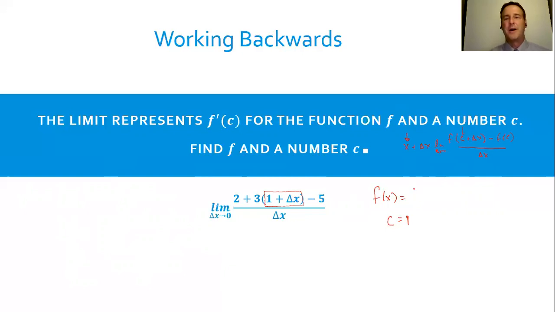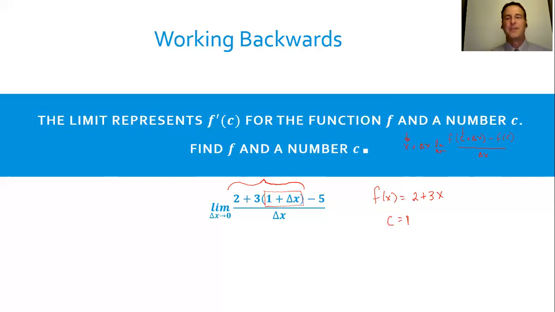Now you've got to think about, what is the equation? Well, if your equation is determined through this input of c plus delta x, and you see that out here, then that will help you decide what your function is, which is 2 plus 3x. And again, the original function didn't have this here. It was just a plain x.